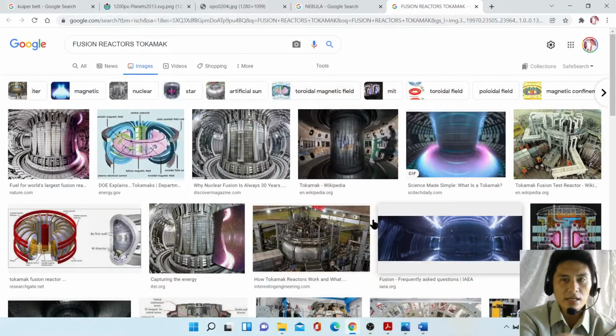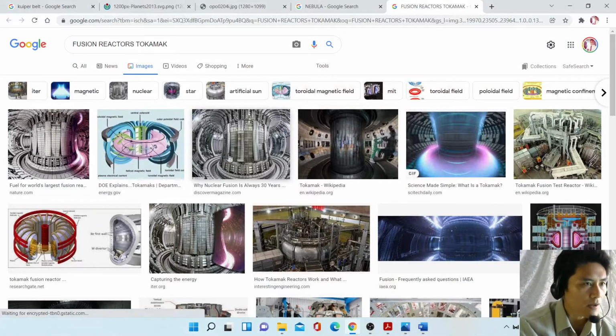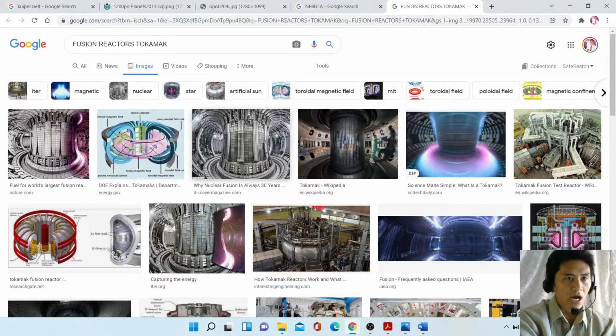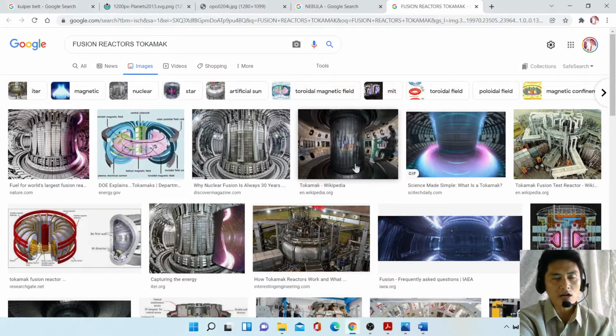So, if I pull up another picture here, this is a picture of a tokamak. A tokamak is a device that confines particles together, so that they become so compressed.